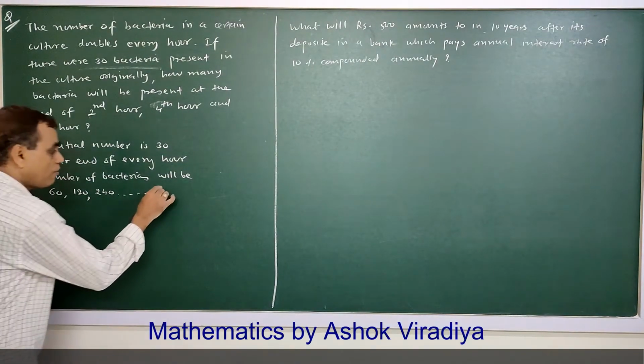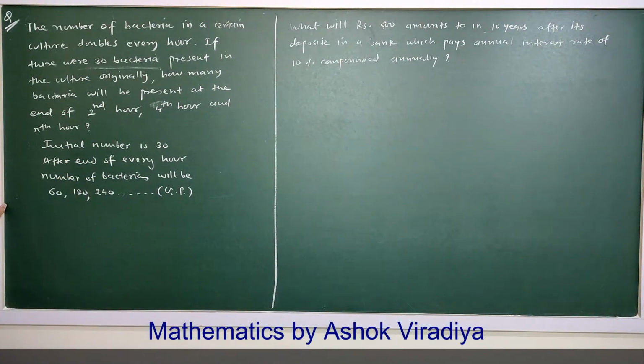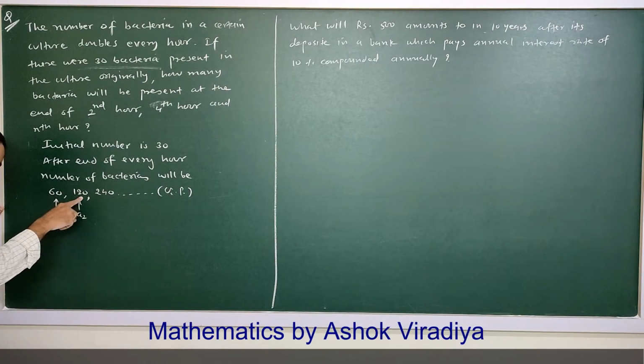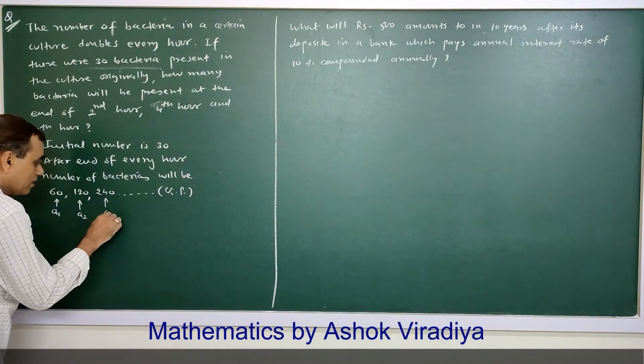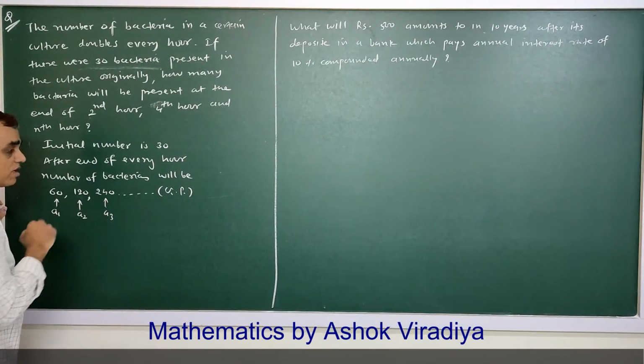A GP is formed. So for this GP, if we say this is first term, this is second term, at the end of second hour, this is at the end of first hour, this is at the end of third hour, next values at the end of fourth hour.